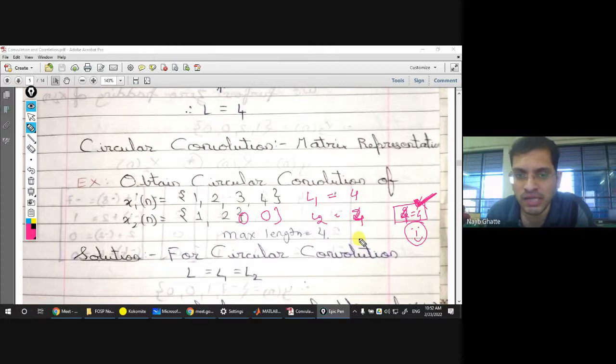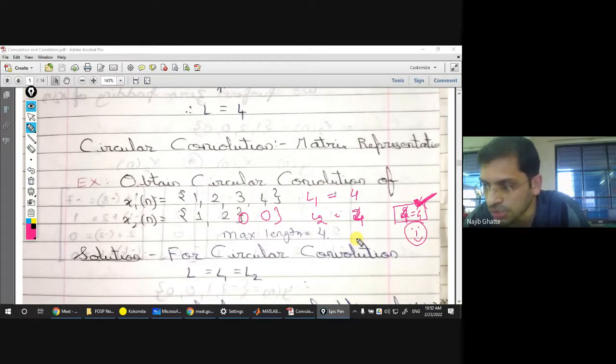Sir, now what is my x2 for me? Me मतलब for an engineer. 1 2 0 0. For the customer, x2 is 1 2, लेकिन मेरे लिए एज एन इंजीनियर the value is 1 2 0 0.